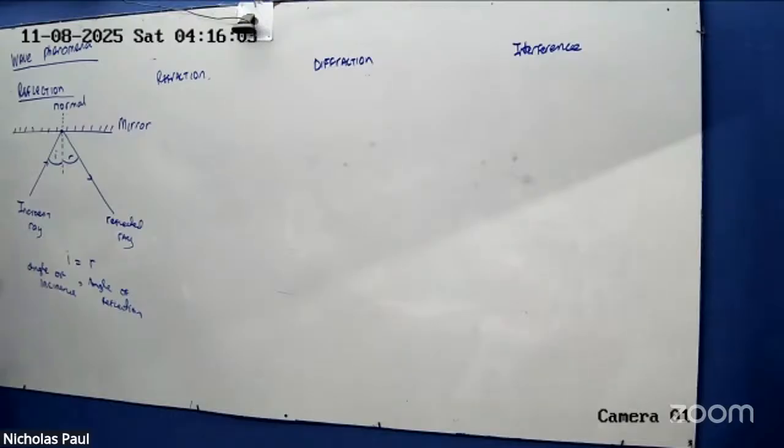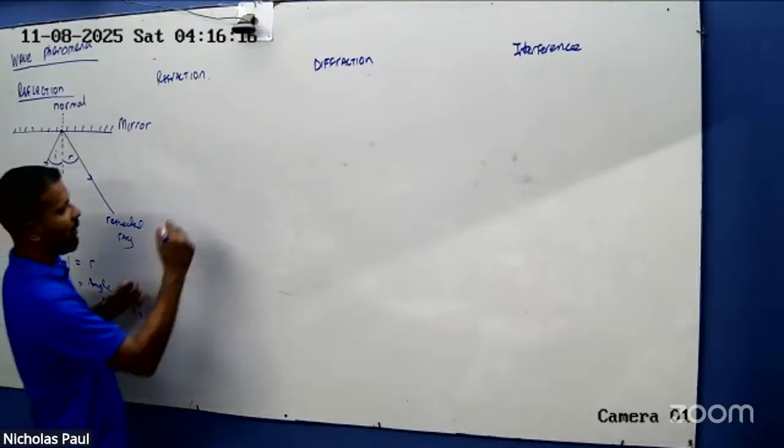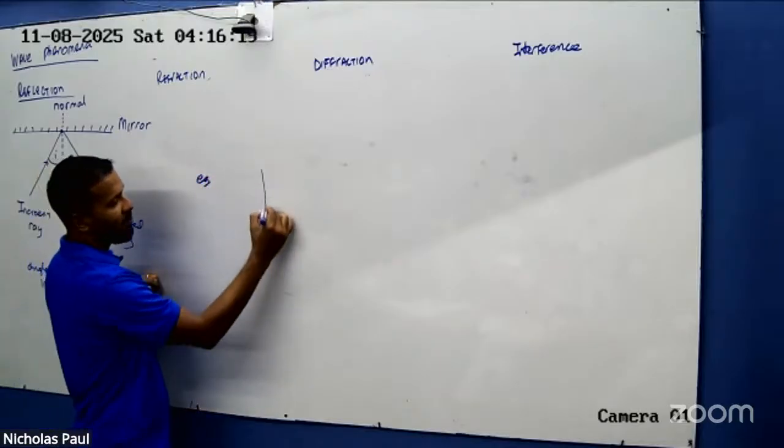Second thing to note is the normal, right? I want you to be able to draw a normal regardless of where the incident is. So write this down.